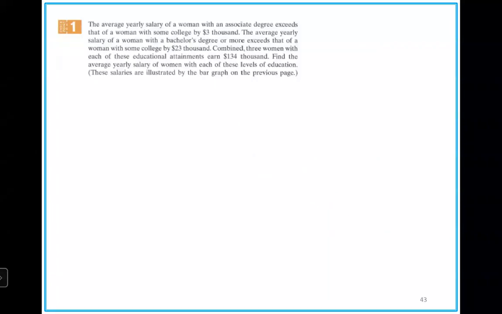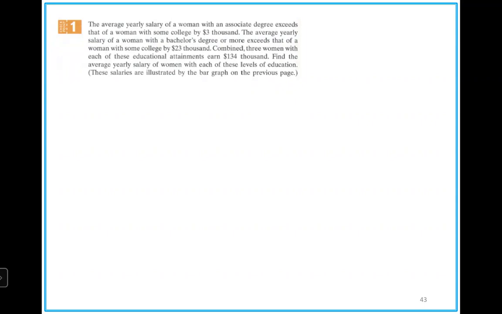So we're going to look at the same principle. Now, this time we were looking at the women. So it says the average yearly salary for a woman with an associate degree exceeds that of a woman with some college degree by 3,000. The average yearly salary of a woman with a bachelor's degree or more exceeds that of a woman with some college degree by 23,000.